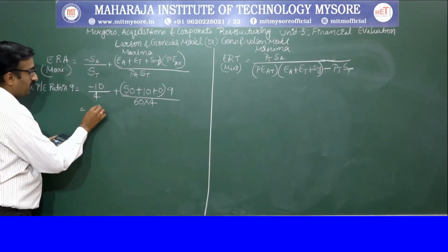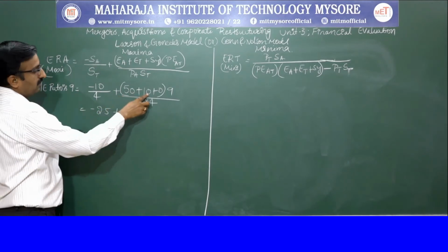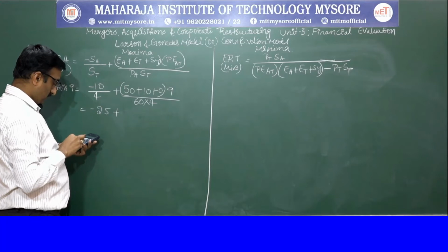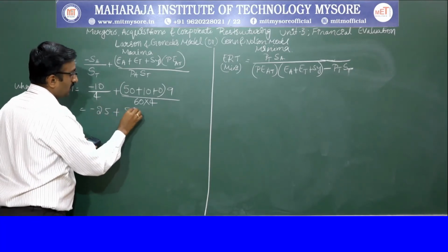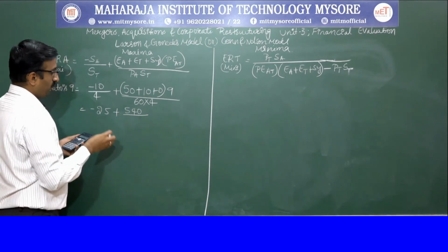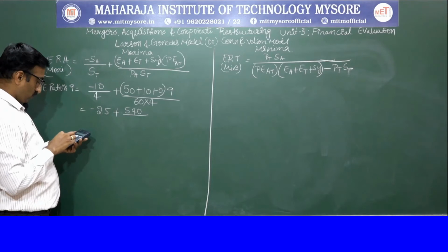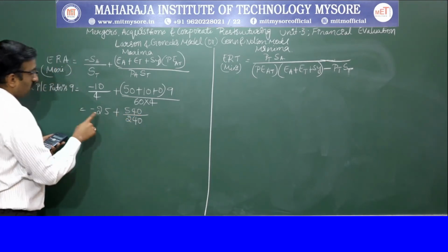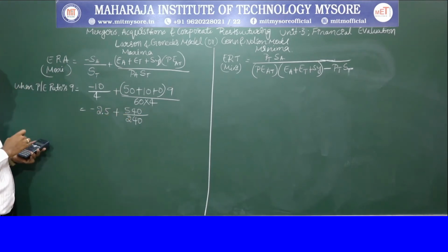So we will get minus 2.5, 50 plus 10, 60, 60 into 9, you will get 540, divided by 60 into 4, you will get 240. So minus 2.5 plus 540 divided by 240.